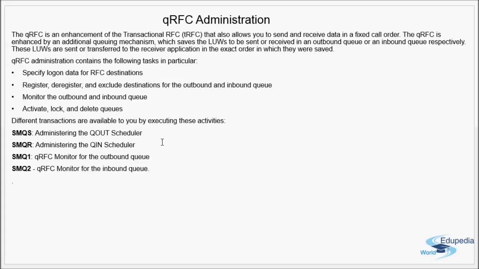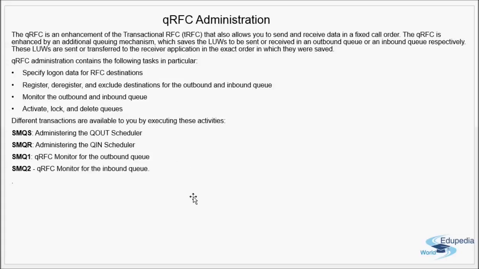SMQS, administrating the queue out scheduler, the outbound scheduler. SMQR, administrating the queue in scheduler, that is the inbound scheduler. SMQ1, the qRFC monitor for the outbound queue. SMQ2, the qRFC monitor for the inbound queue.